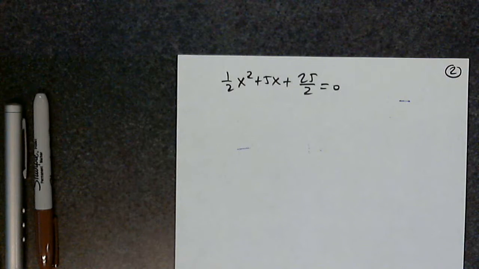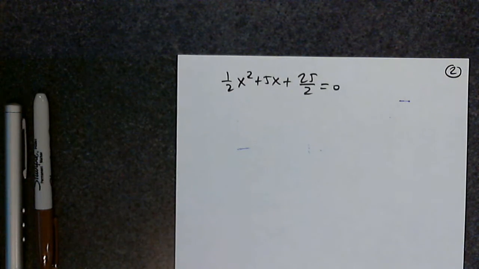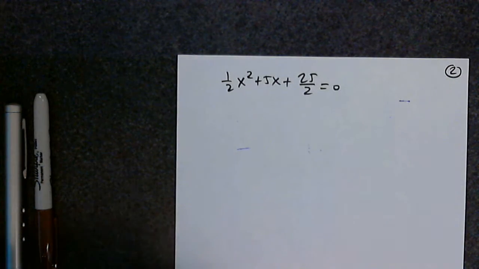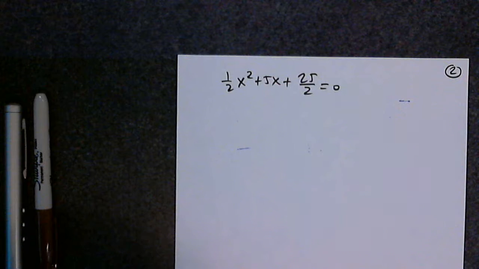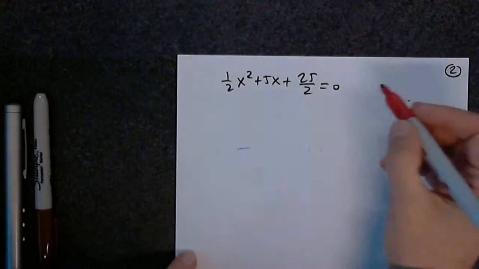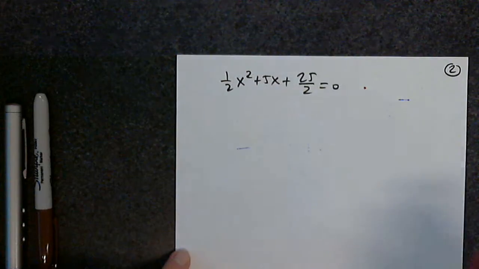Especially if it's an equation, because we can what? What can we do with fractions in an equation? We can always eliminate them by multiplying both sides, in this case by 2, that's it.